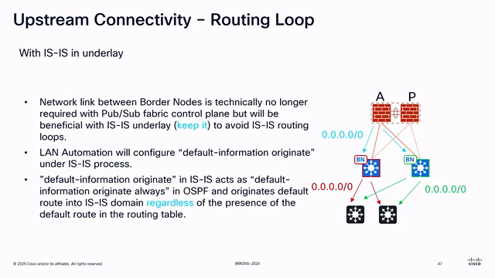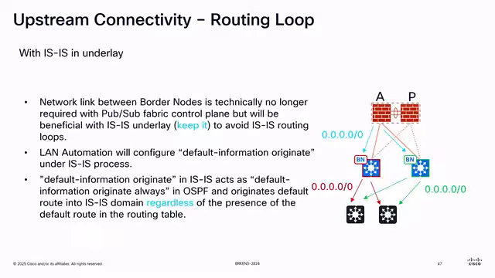We all know this command, right? Generates a default route. However, with ISIS, it doesn't exactly act like OSPF. Default-information originate in ISIS acts like default-information originate always in OSPF. And it injects a default route regardless if it learns a default route from upstream or not.